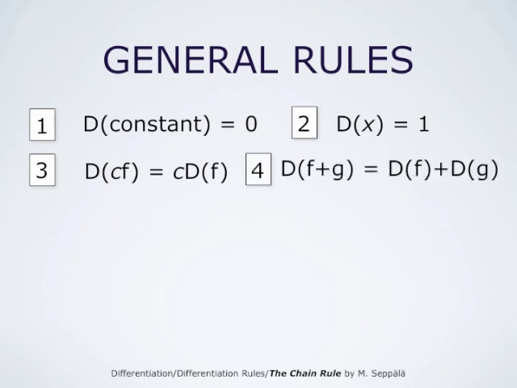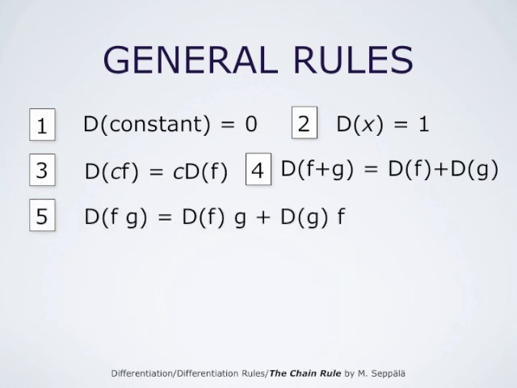The fourth rule says that the derivative of a sum of functions is the sum of derivatives. The fifth rule says that the derivative of a product is the derivative of the first factor times the second factor plus the derivative of the second factor times the first factor.